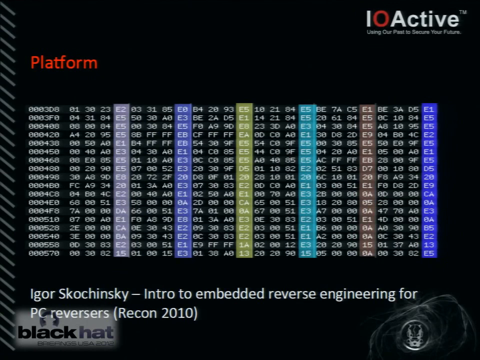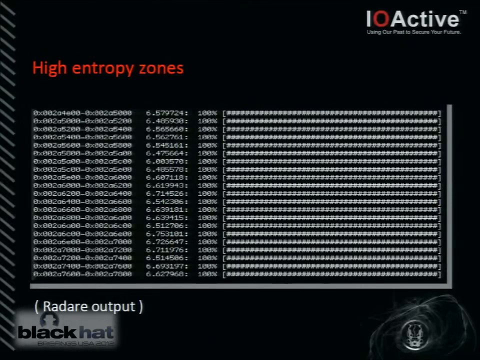There is a really good presentation from Igor Skochinsky from Hex-Rays that collects almost any byte pattern out there for almost any platform or common platform used in embedded systems. Another interesting point, high entropy zones.